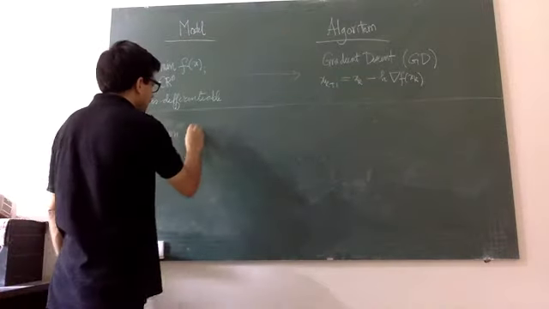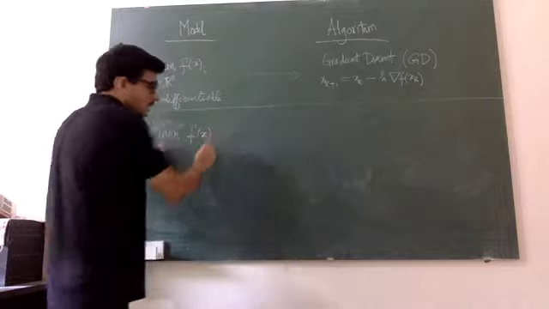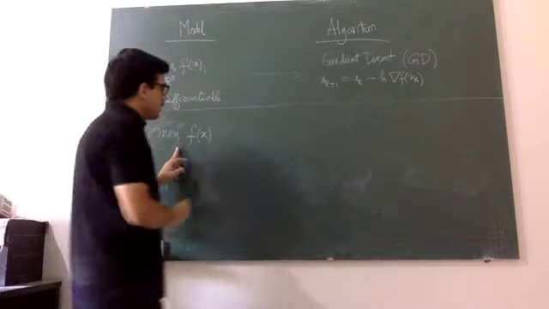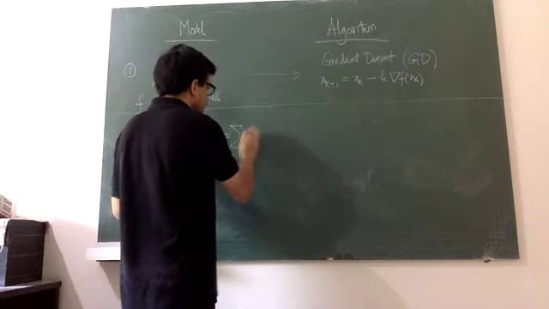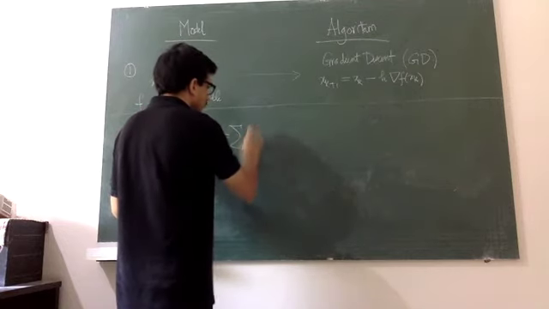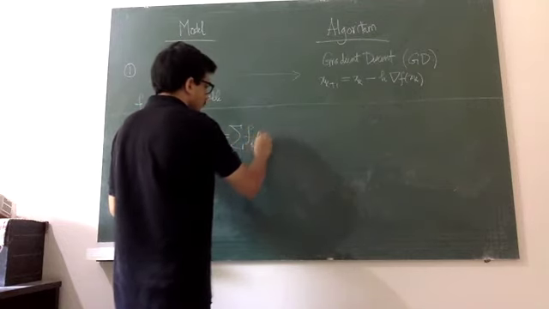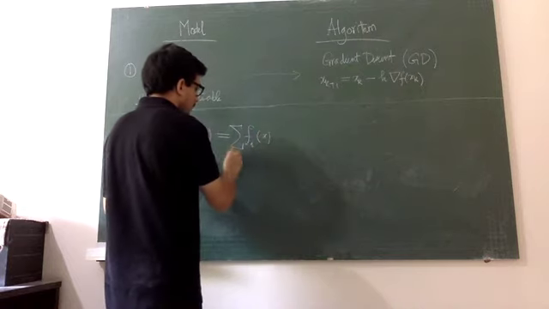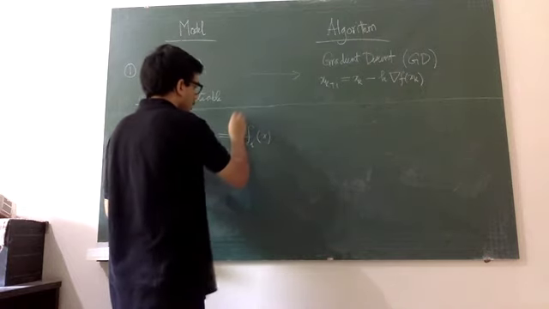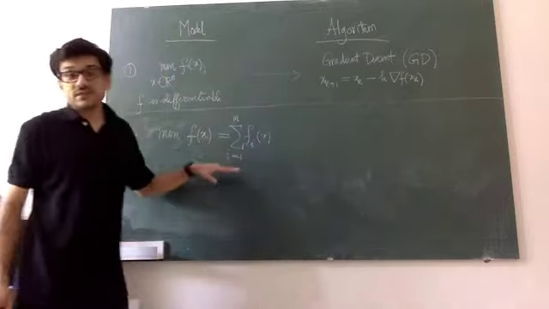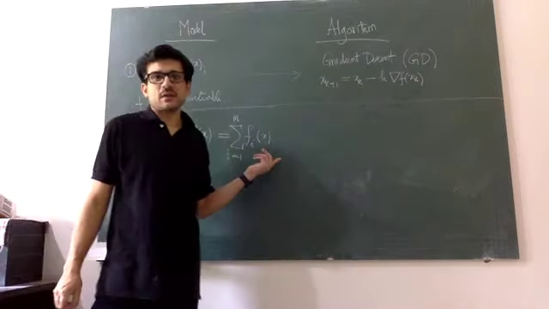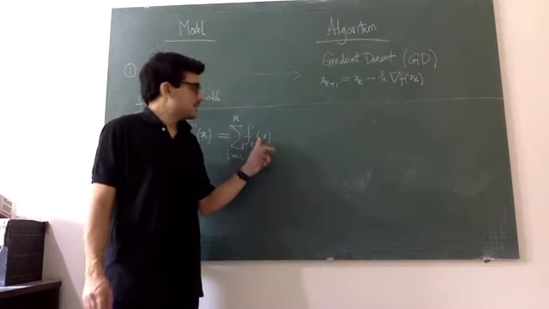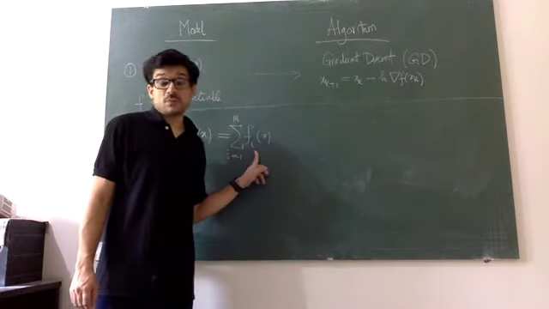You have, let's say, f of x, which itself is a loss. The typical setting in machine learning is that you have a loss which is actually the sum of elementary losses, and this i corresponds to a data point.